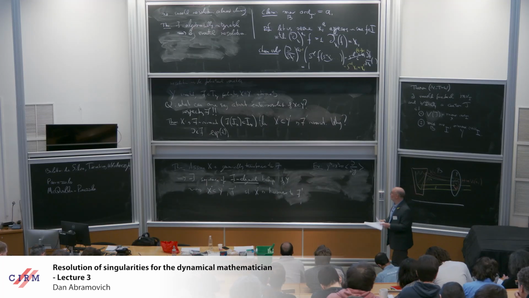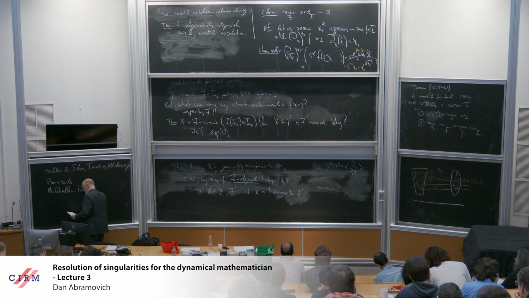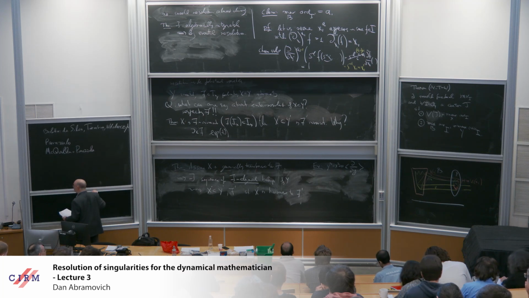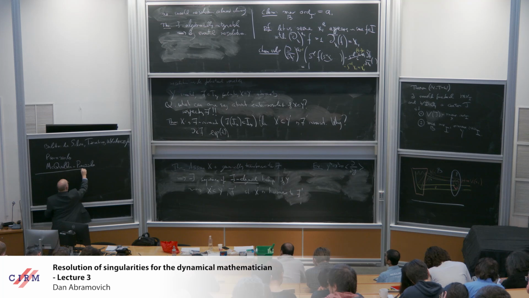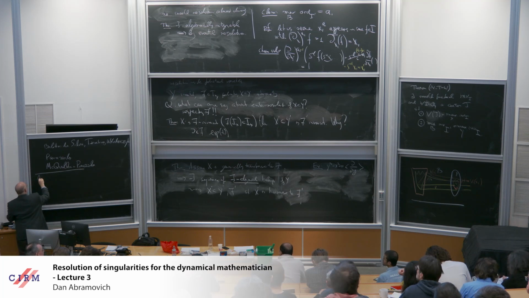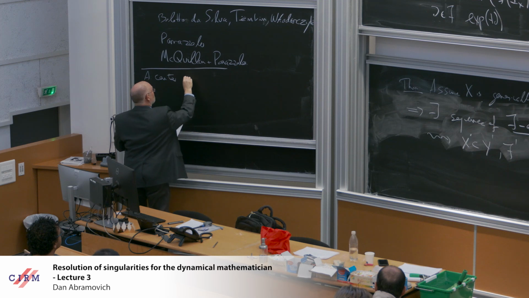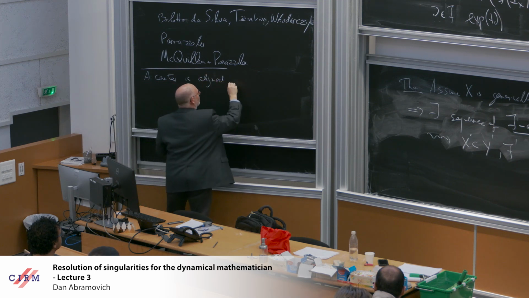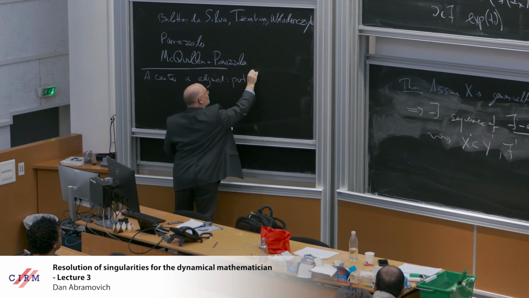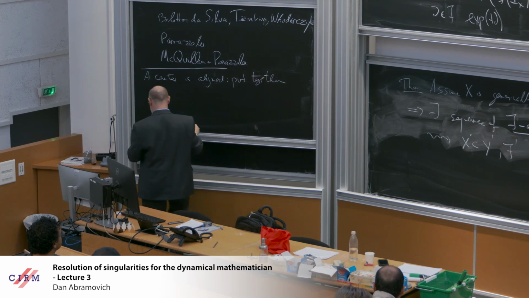I have to tell you what F-aligned is. What is an aligned center? A center is aligned if it's put together from two types of center.